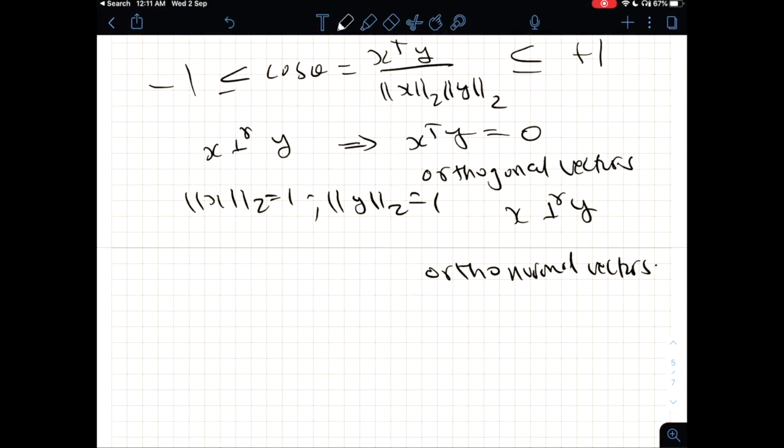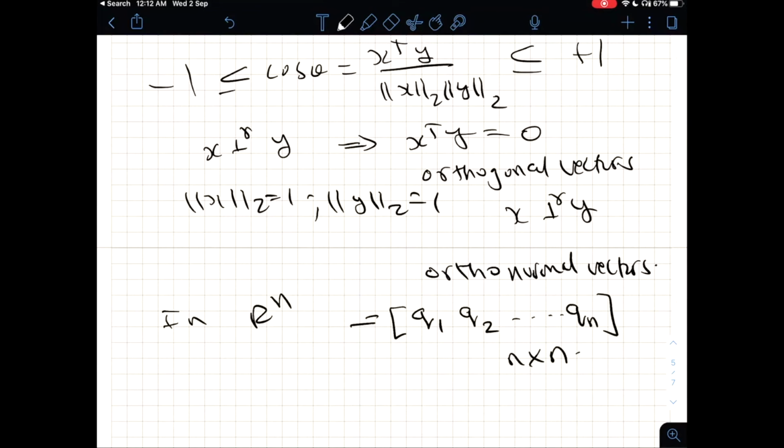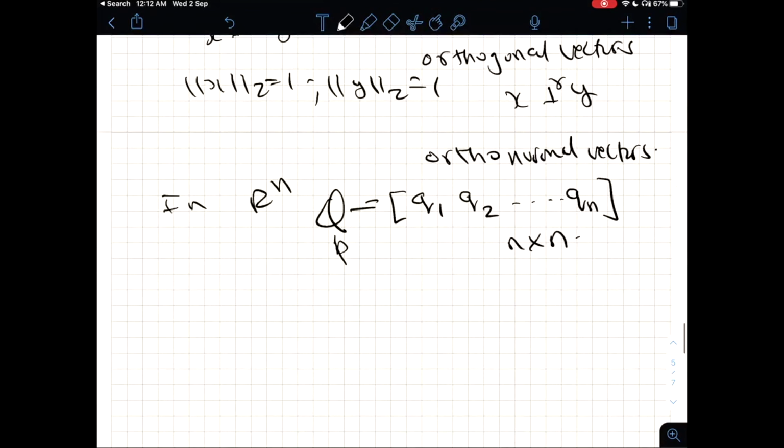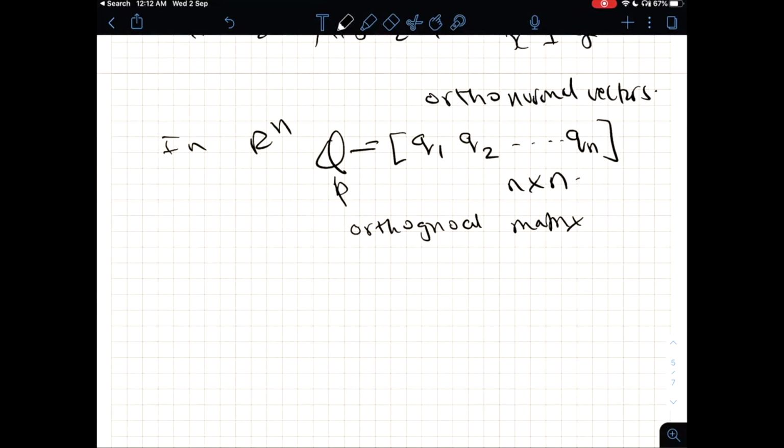Okay, and in n dimension, if I stack, let's say this is q1 in Rn, second orthogonal vector, and the last qn as the last orthogonal vector, then this becomes an n cross n matrix, which is usually shown by Q, and is called an orthogonal matrix. A very simple example in Rn, you would say, would there be at least give me one example of orthogonal matrix in Rn.